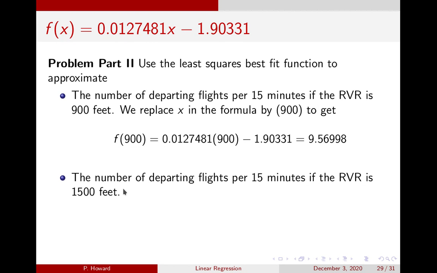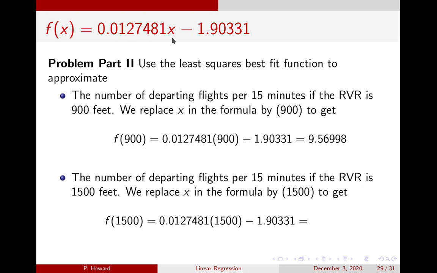Well, this is just like the previous bullet. We're going to take the formula for f and replace x by 1,500 in parentheses. When I do that and calculate, I get 17.21884 flights departing in a 15-minute period.